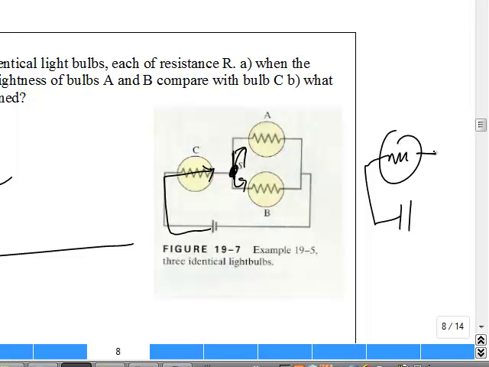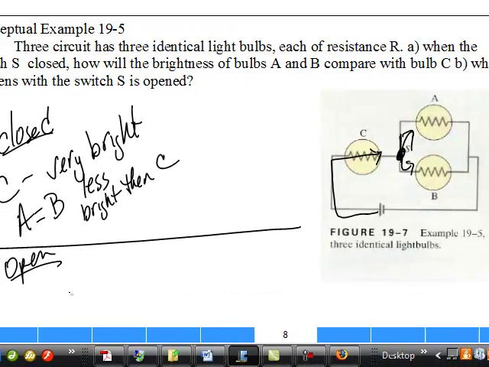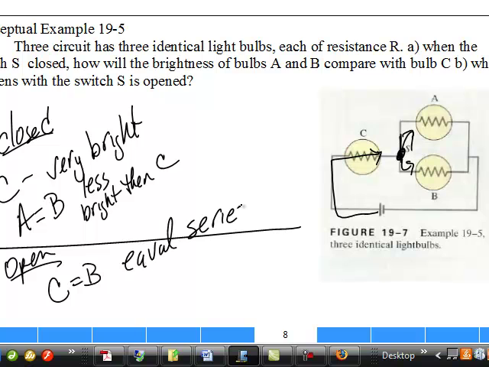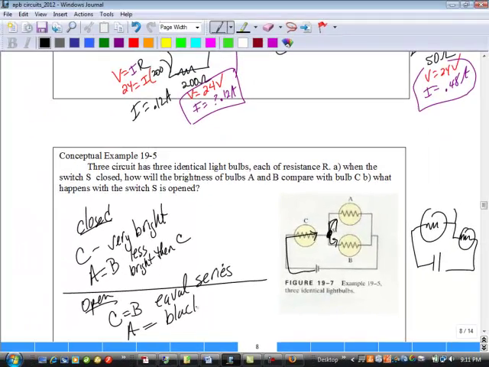Well, when it's open here, that's like bulb A is completely out. Hopefully you can see that this is a series path. So when it is open, C is going to equal B. They're going to be equal because they are in series. Bulb A will be dark because the switch is open and it's not getting any current at all.